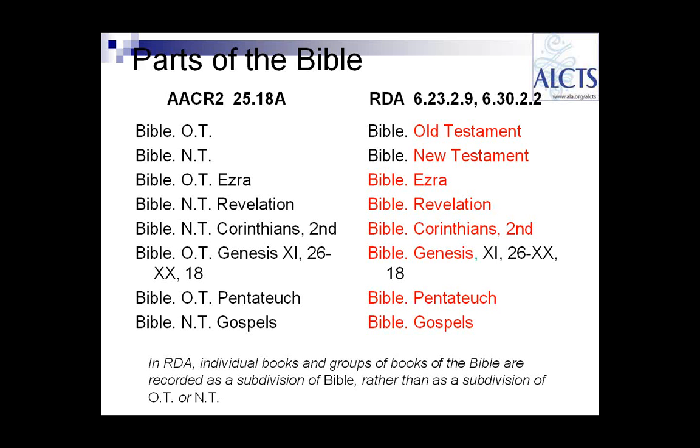The intervening OT and New T dealing with either books of the Bible or areas within the Bible, such as the Gospels, is going away. So you'll notice in AACR2 they have the last entity on the screen, a Bible NT Gospels, now becomes Bible Gospels. So that intermediate step is now going away.